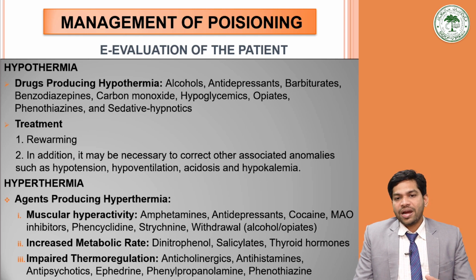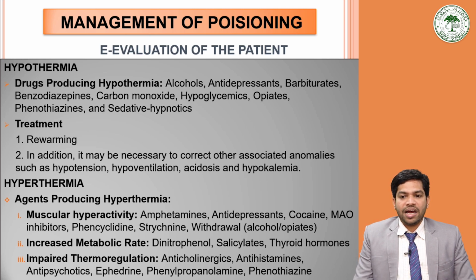Treatment of hypothermia includes rewarming the patient. For mild cases, a warm water bath is sufficient until the cold temperature rises to 92 degrees Fahrenheit, when the patient is placed in a bed with warm blankets. The rate of rewarming should not exceed 5 degrees Fahrenheit per hour.